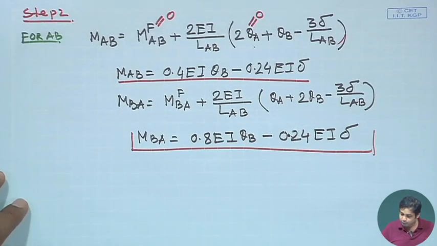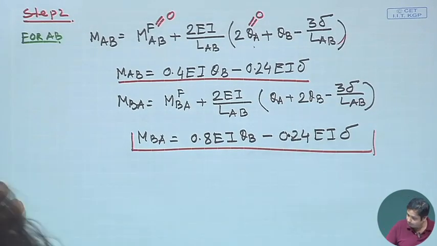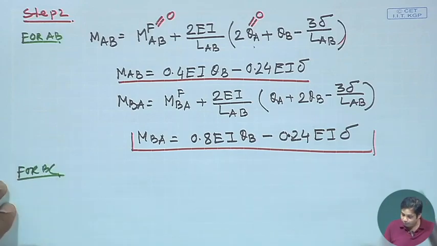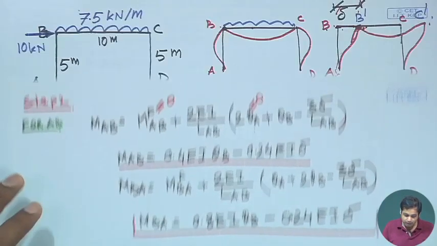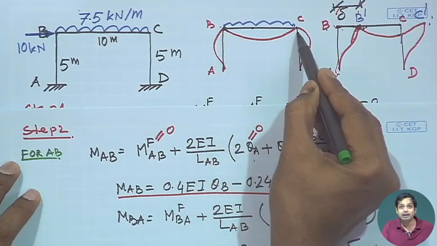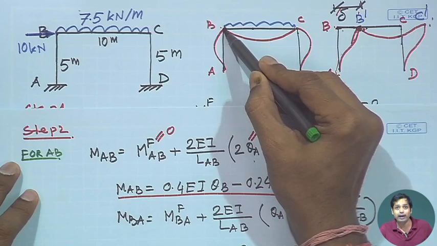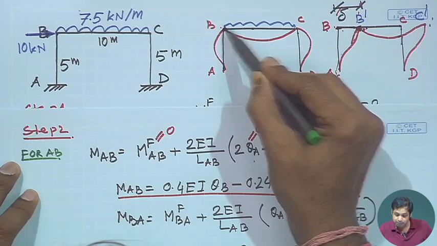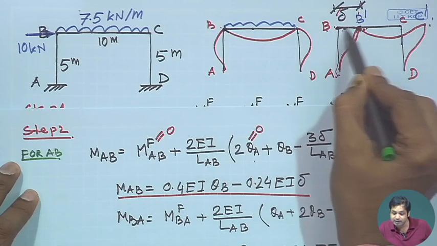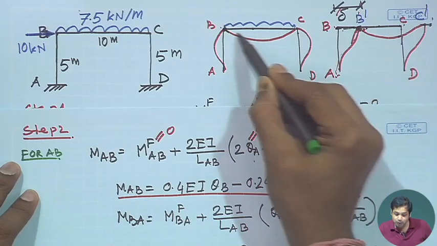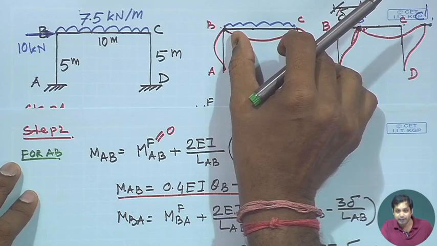Now, let us do it for BC. For BC there is no sway, because joint B still remains in this line and joint C still remains in this line. So, no sway takes place for member BC.